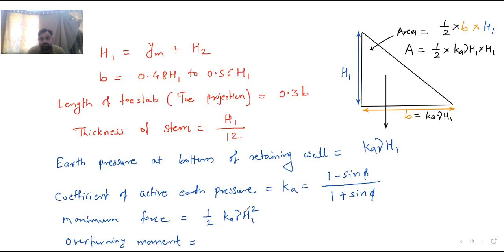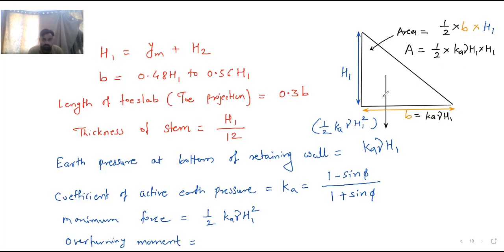What is the value of force? It is half into Ka into gamma into H1 square. This value we have already calculated. This is the area.